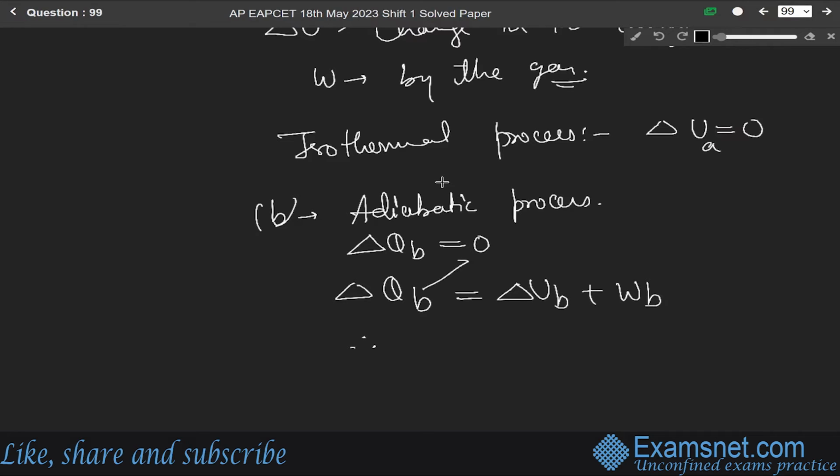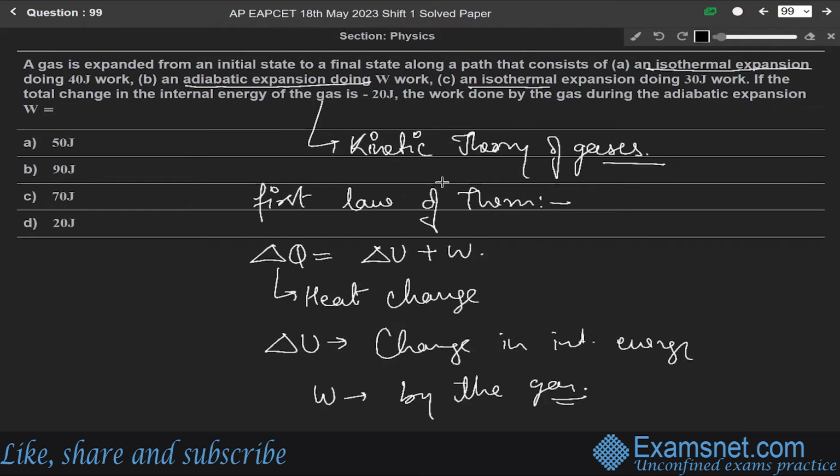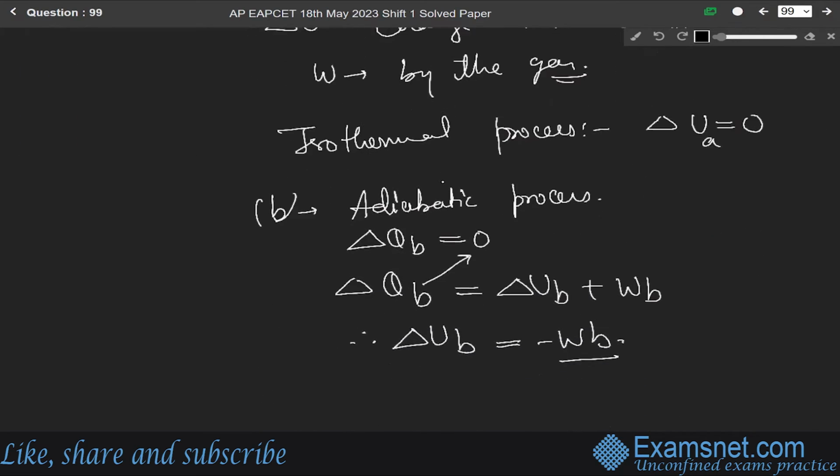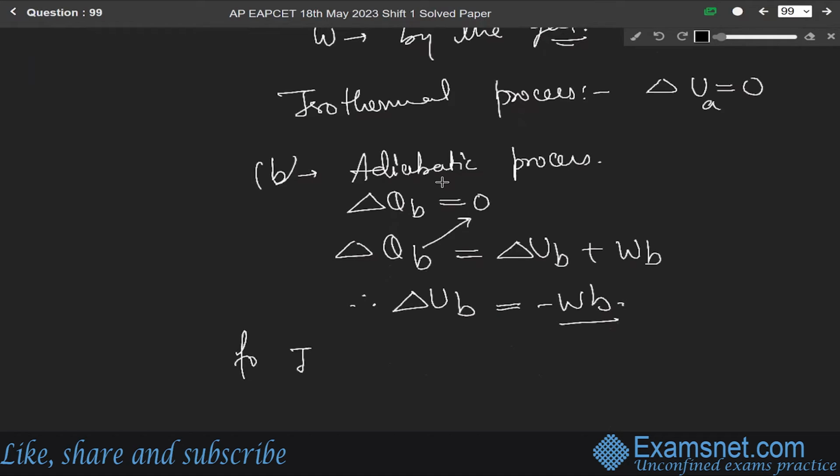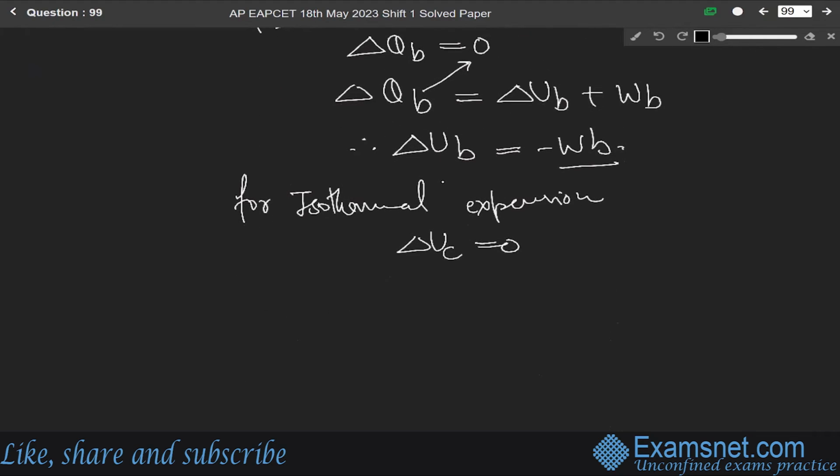Therefore, since this is 0, delta UB will be equal to minus WB. Okay. And path C is given as an isothermal expansion doing 30 joule of work. So for isothermal expansion, delta UC is equal to 0. Okay. So for this, the total change in internal energy will be the total change in internal energy.